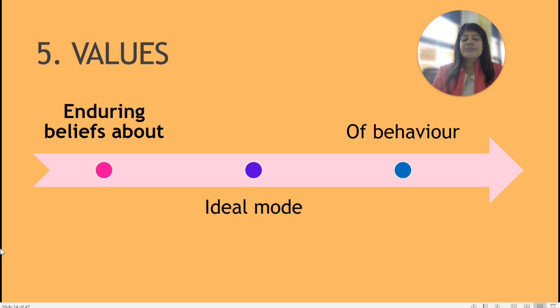But these enduring beliefs, of course, have a component of morality in it, wherein there is this super consciousness, this belief about being absolutely conscientious. You always want to be doing things which put you in a good light in other people's eyes. So you want to display that to others.